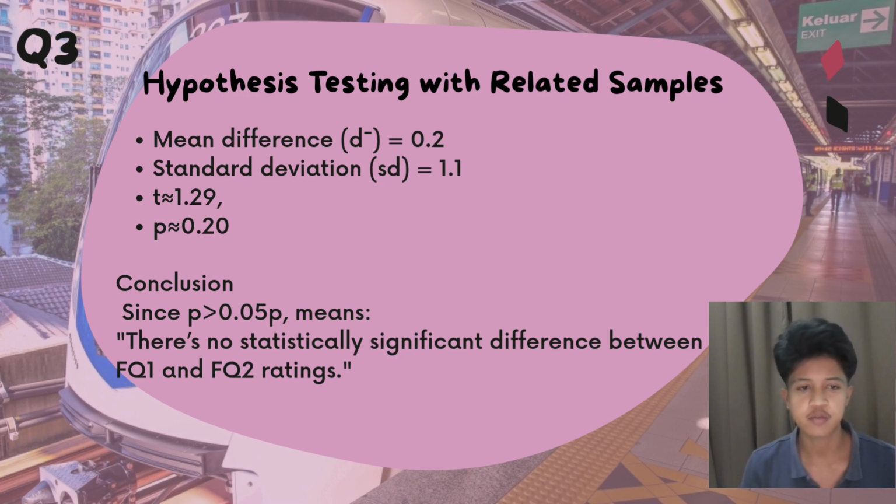Since the p-value of 0.20 is bigger than 0.05, we fail to reject the null hypothesis H0. So there is no statistically significant difference between FQ1 and FQ2 ratings.